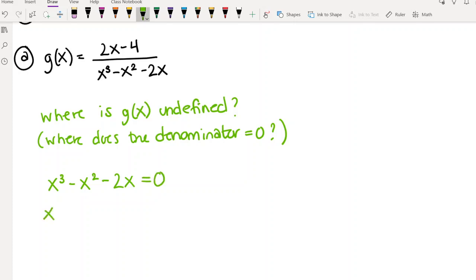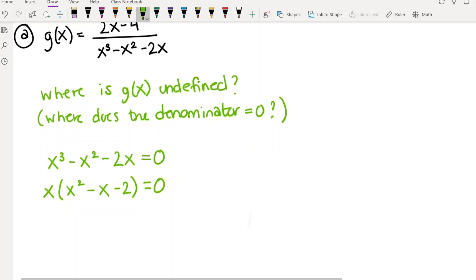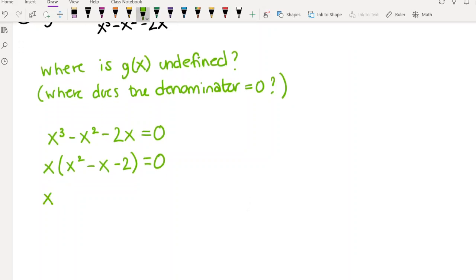We can factor out an x from all of this, and we're left with x squared minus x minus 2. Then we can factor the part on the inside. This factors as x plus 1 times x minus 2.